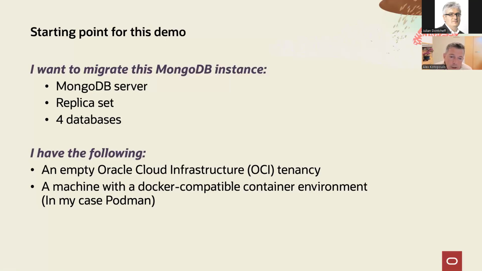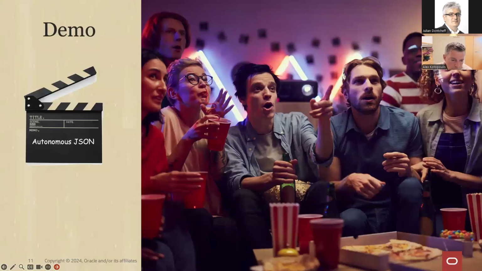So this is any kind of machine that has a Docker environment, and that could be a VM on OCI itself. And in my case, I have a Linux machine, a Linux VM with Podman running on it. So let's go and take a look at the demo.